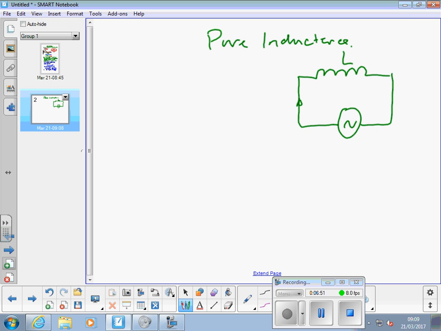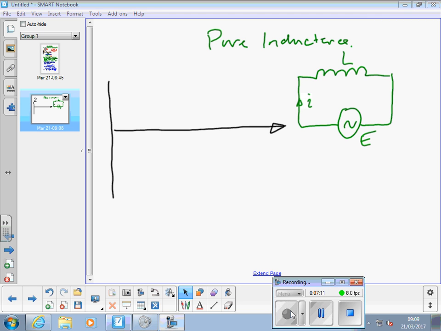We've got an inductor L, current flow I, applied voltage E. So here, if we keep the voltage as the in-phase component in green, so there's our voltage phasor.